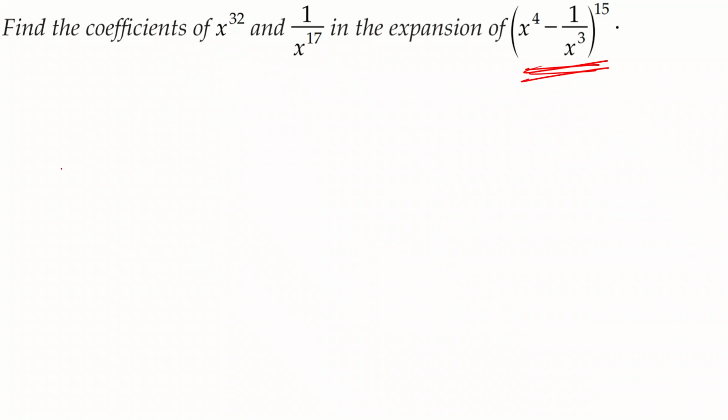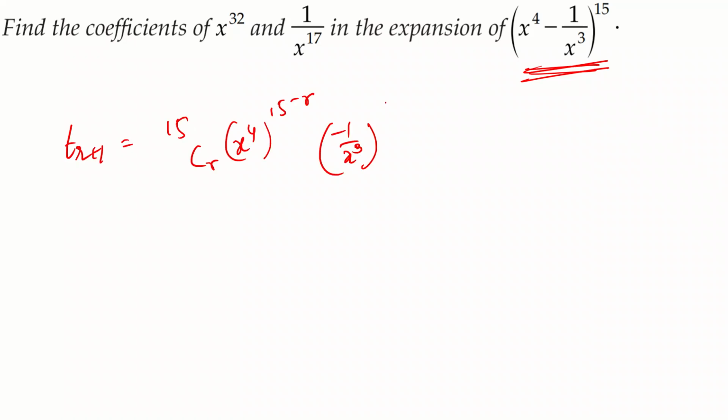Okay, so the trick here is, assume that we will find out in general some rth term. We find out some rth term of this expansion, which will be 15Cr (x to the power of 4) to the power of 15 minus r, into (minus 1 by x cube) to the power of r. Okay, so now let's simplify this. 15Cr, x to the power of 4 is multiplied with this power 15 minus r, so it's x to the power of 60 minus 4r, into minus 1 to the power of r divided by x to the power of 3r.